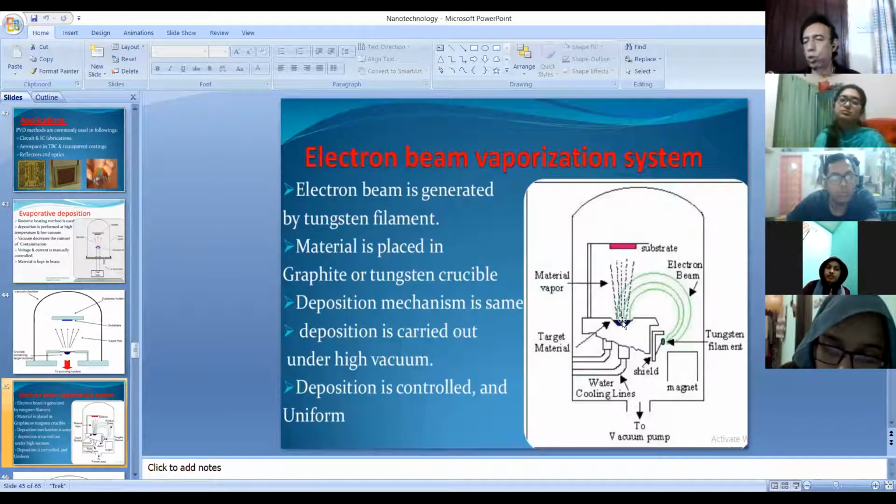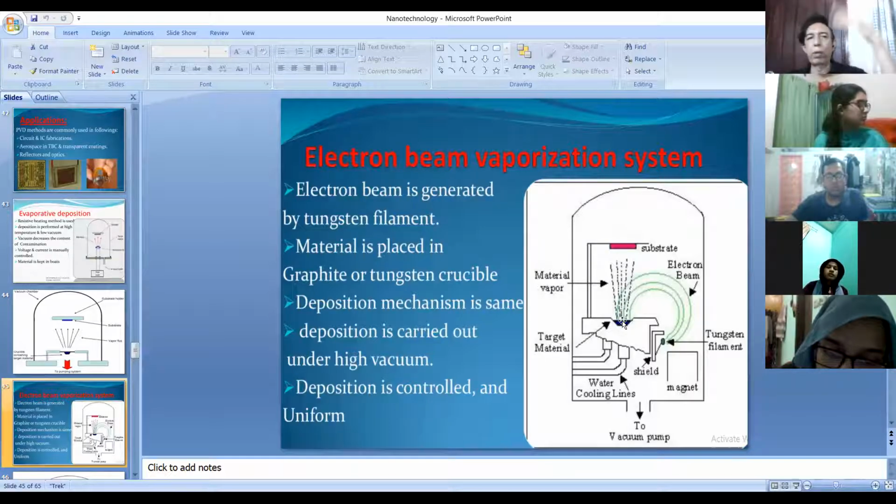This heat will vaporize the metal or the target material. So this is a vaporization technique, and the main technique is like the evaporative technique.